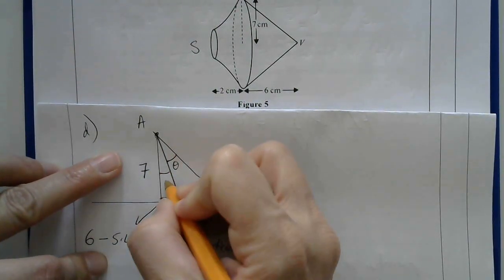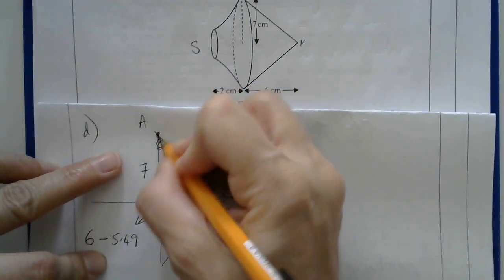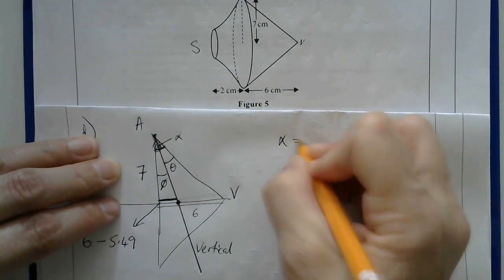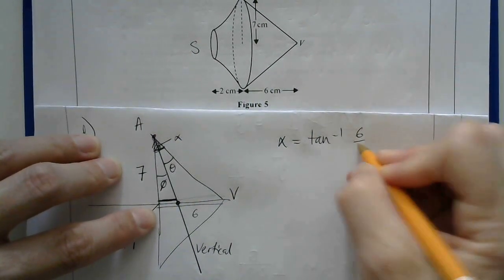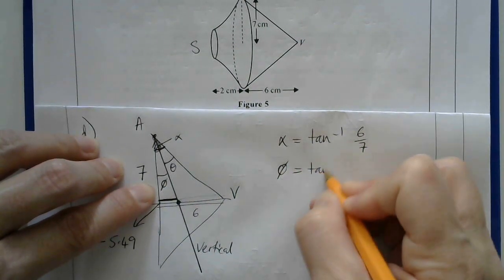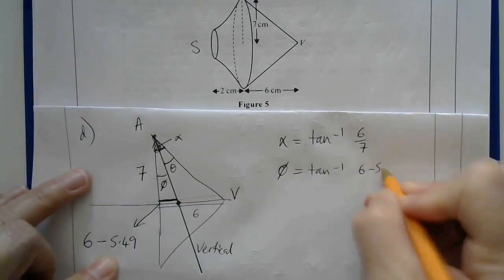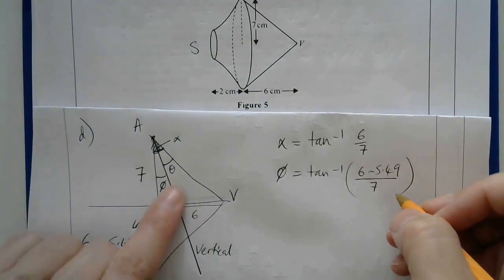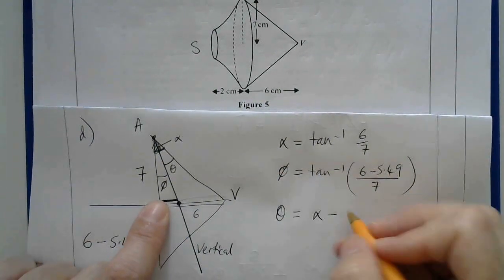So if I work out, let's call that phi, and let's call the whole thing alpha. So I know that alpha is inverse tan of the opposite over the adjacent. I know that phi is inverse tan of this over the adjacent, and therefore I know that theta is alpha minus that angle that I just worked out there.